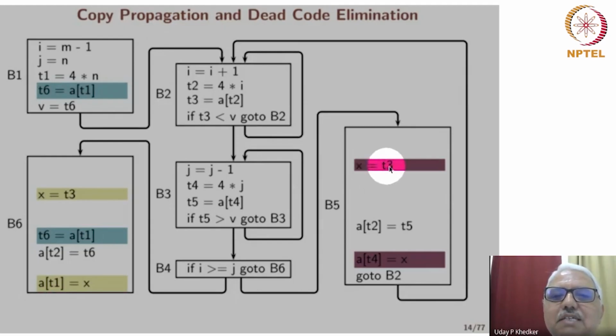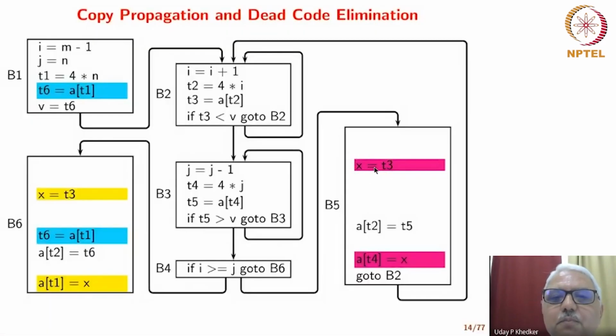So we have X is equal to T3, and we have T4 is equal to X. So X is equal to T3, which means that X is a copy of T3. Okay. And neither T3 nor X are being modified here. So we can replace this X by T3. So we can perform what is called copy propagation.